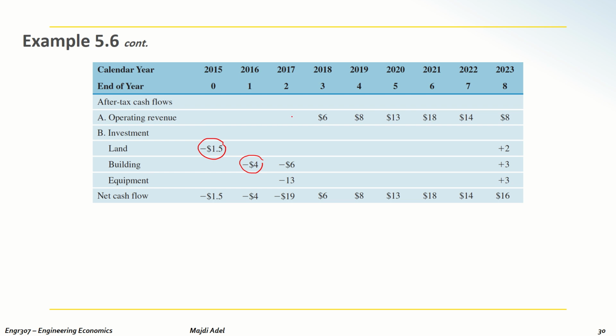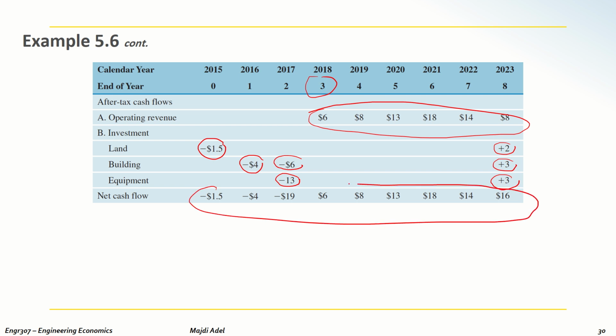At the end of year 2, they will pay the remaining 6 million for the contractor, and they will pay the price and installation of the equipment, and then the project will generate this revenue for 6 years. Notice that the revenue is generated starting at n equal 3, and at the end of the project life they are going to sell the land for 2 million, the building for 3 million, and the equipment for 3 million. This is the net cash flow of the project.